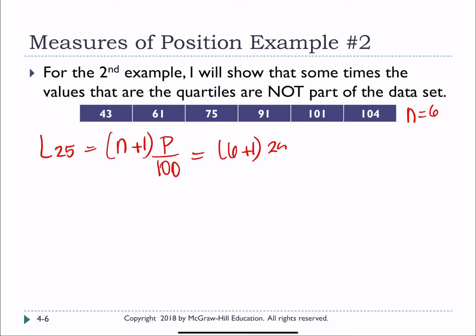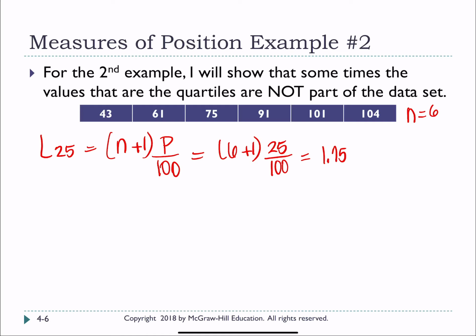The percentile we're looking for, the 25th, over 100. And so when you do this math out, you would get 1.75. So not an even number. So again, what does 1.75 mean? It means that the first quartile is the value at position 1.75.